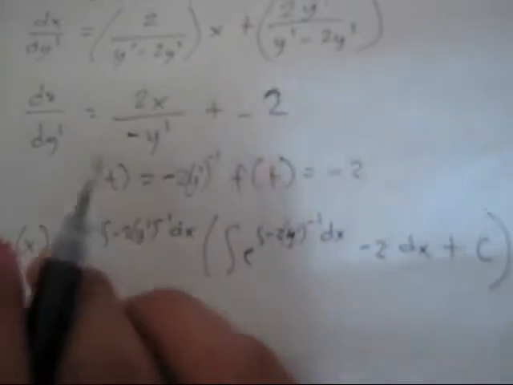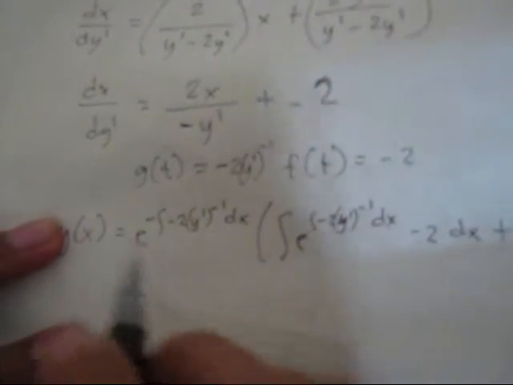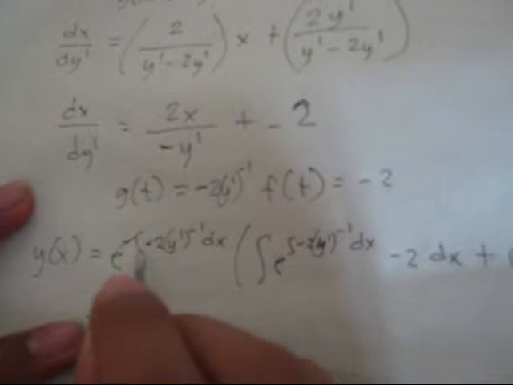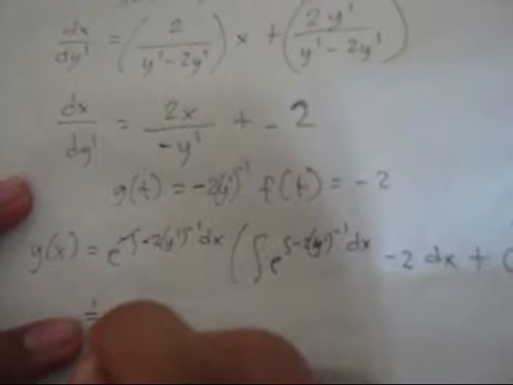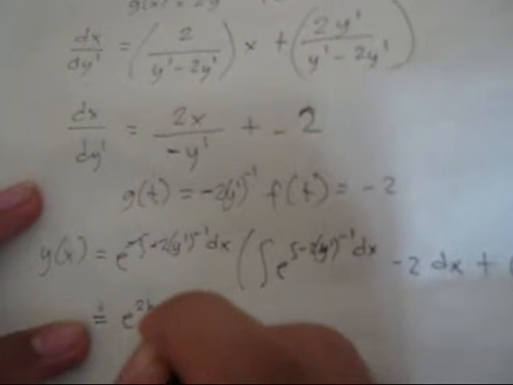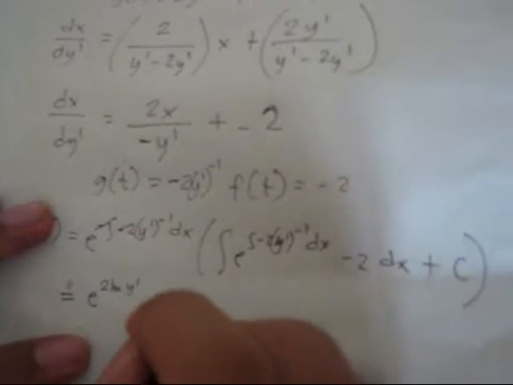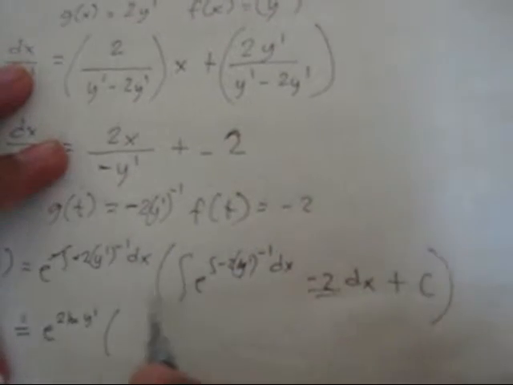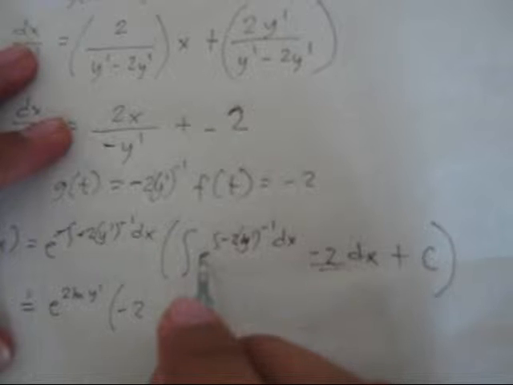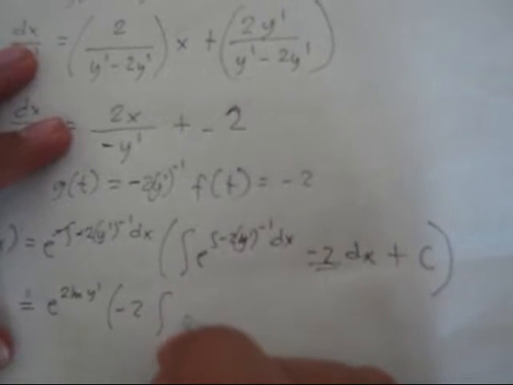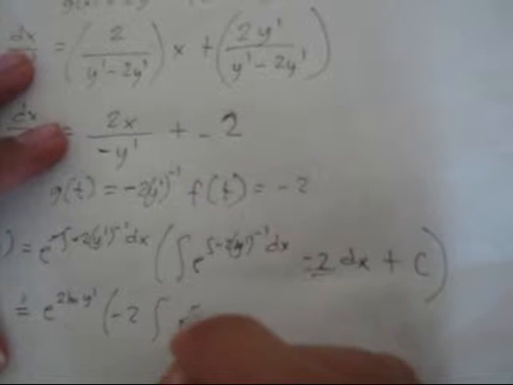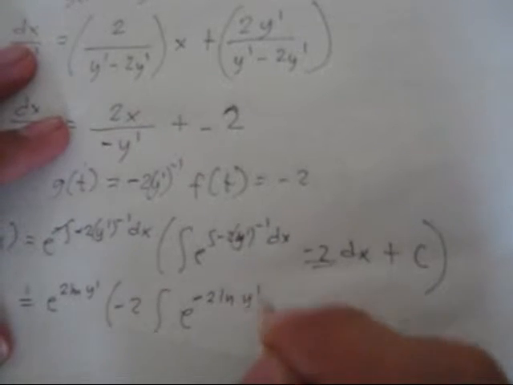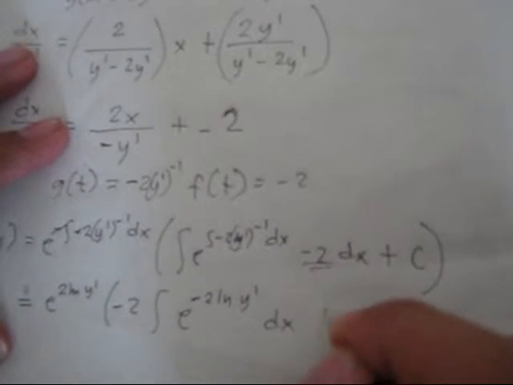So simplifying it further, we will get, so this is cancel, so the integral of this will be e to the 2 ln of y prime times, here you can factor out the negative 2, so negative 2, then integral of the answer of this is e to the negative 2 ln of y prime dx plus c.